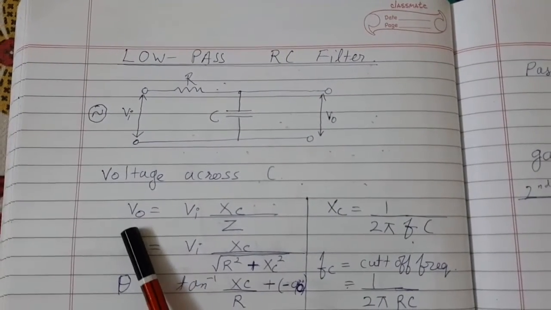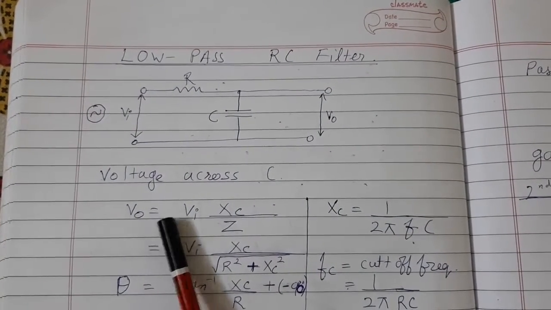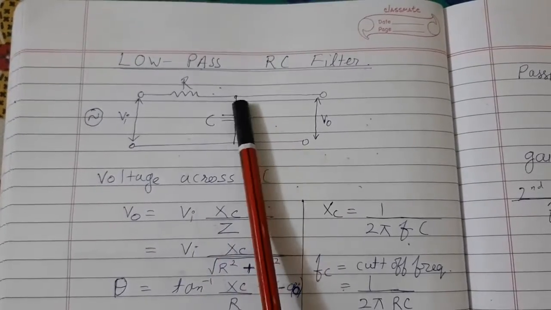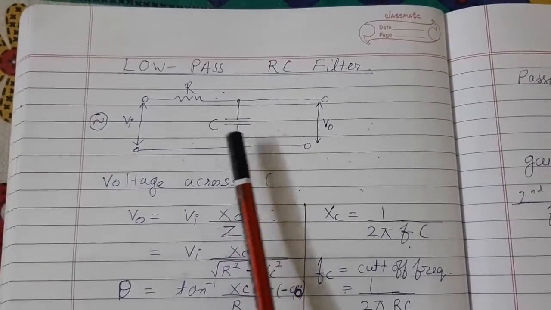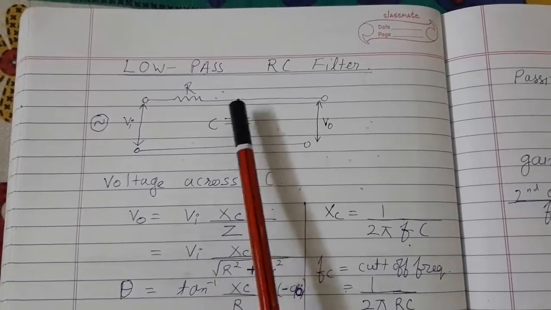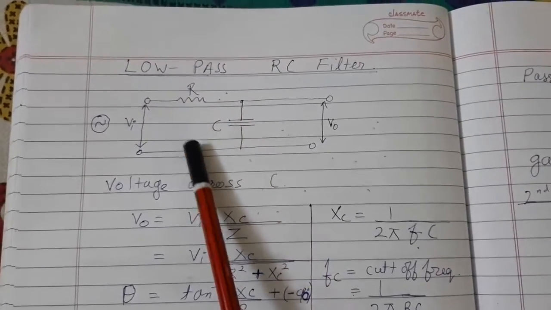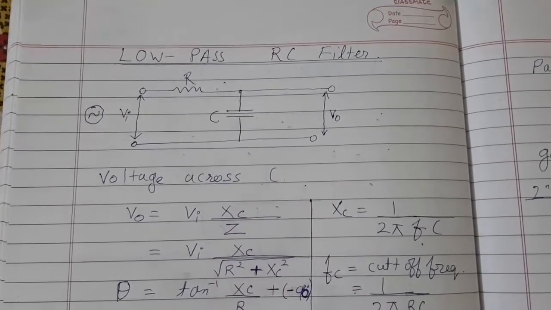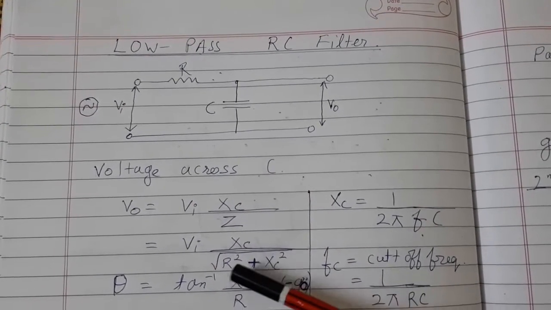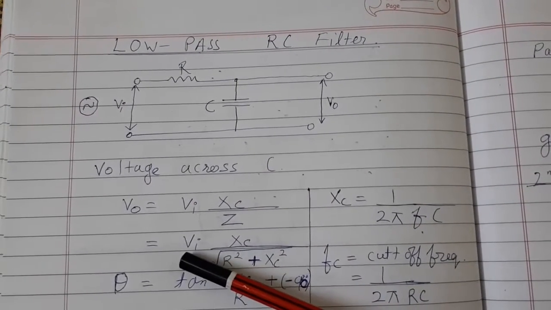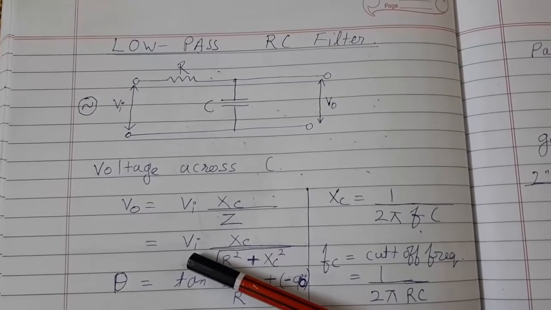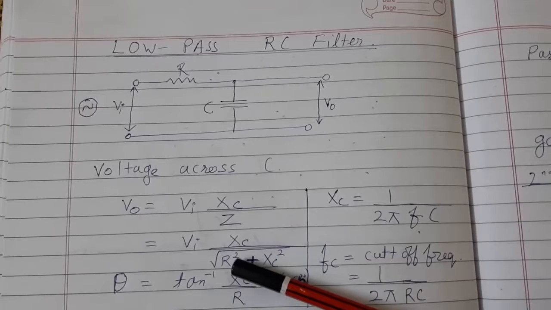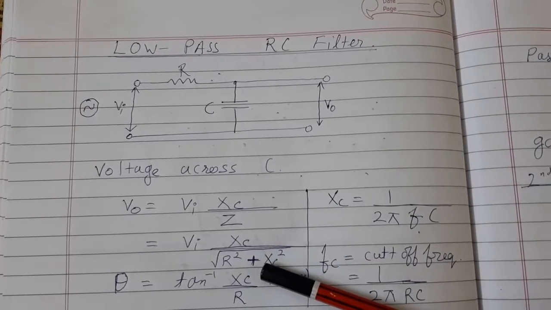So the formula is V out equals V in times the reactance of the capacitor divided by the total resistance, or the total impedance, of the circuit. So the formula becomes V in, the input voltage, times the reactance of the capacitor divided by the magnitude of the impedance.